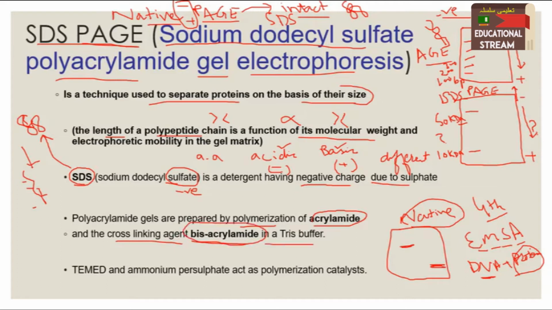Then there is a need for a catalyst to start the polymerization reaction. This catalysis function is performed by two chemicals, one of which is TEMED and the other is ammonium persulfate. We will discuss in detail how they perform their function in the coming slides.